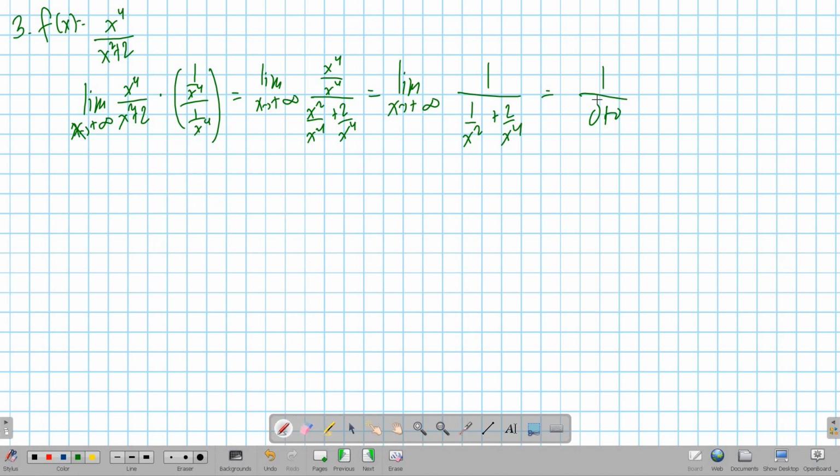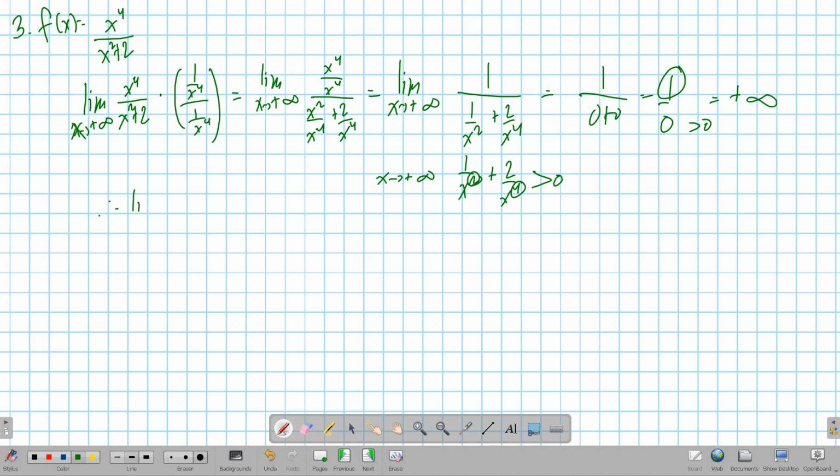So checking, since this is 1 over 0, we get 1 over x squared plus 2 over x to the 4th as x approaches positive infinity. Now, if we place really large numbers here, since this is squared and this is to the 4th, it will still remain positive or greater than 0. Hence, with a positive number greater than 0, the limit is actually at positive infinity.